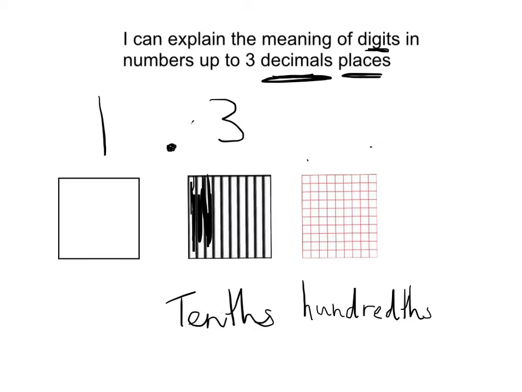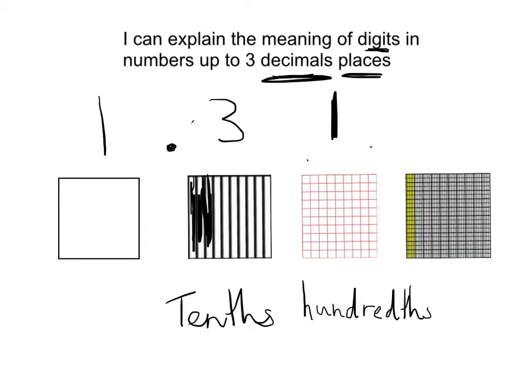So that's the digit that goes in here. And then lastly, there's one more. Each one of these has been split into 10 pieces, so the place value of this is what is called thousandths.